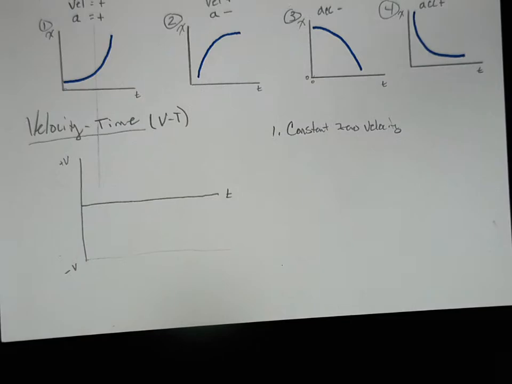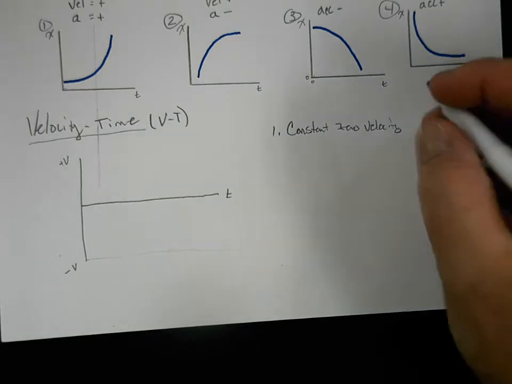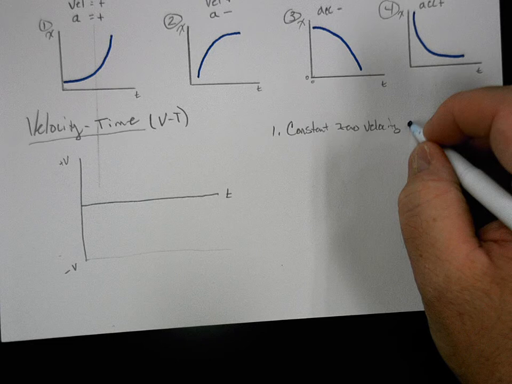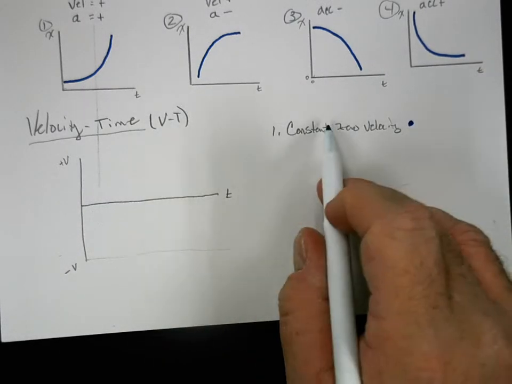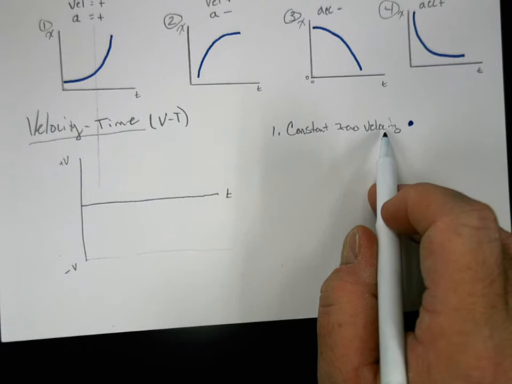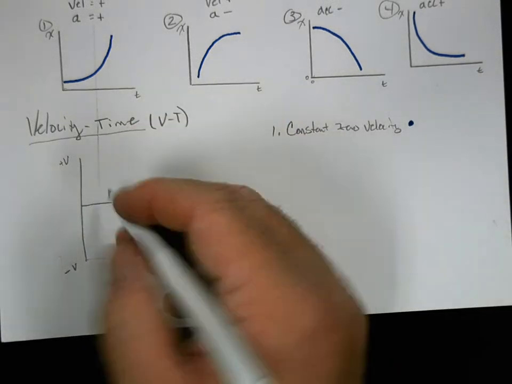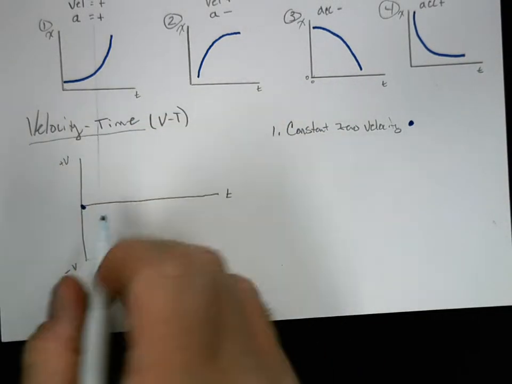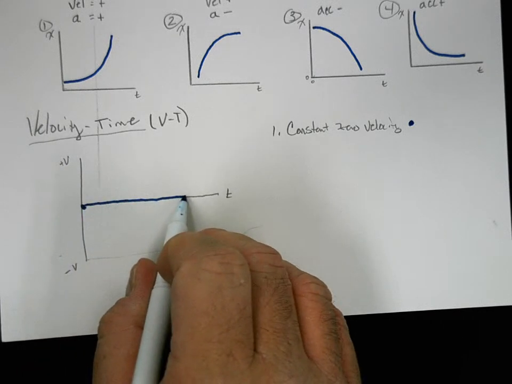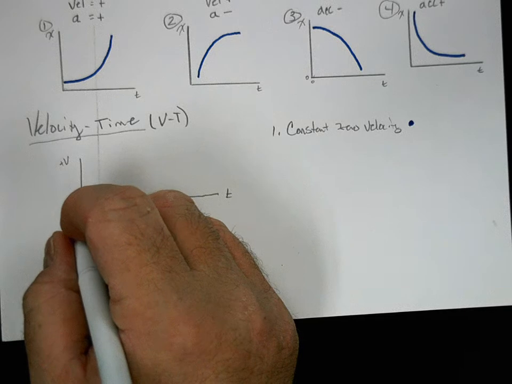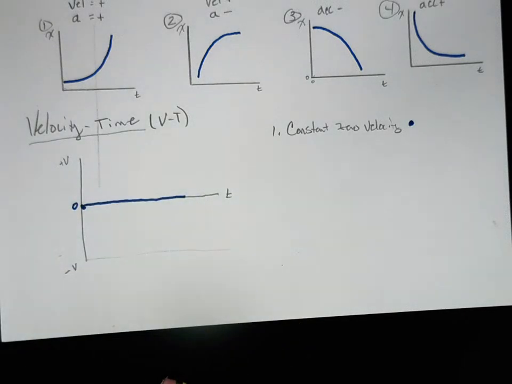Well, we colored in blue before, so we're going to color in blue here. If it's a constant zero velocity, that means our v is going to be at 0, and it is going to be traveling right along there, because this is where velocity equals 0. Constant zero velocity, velocity is always at 0.